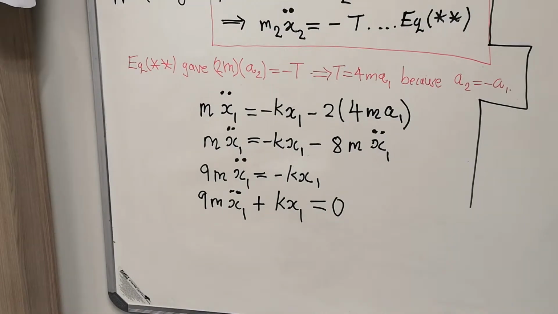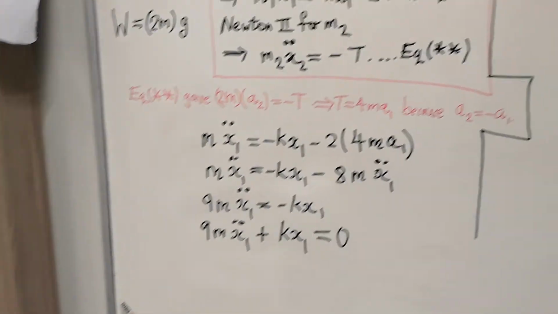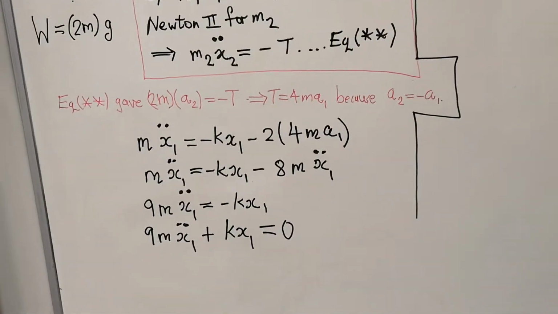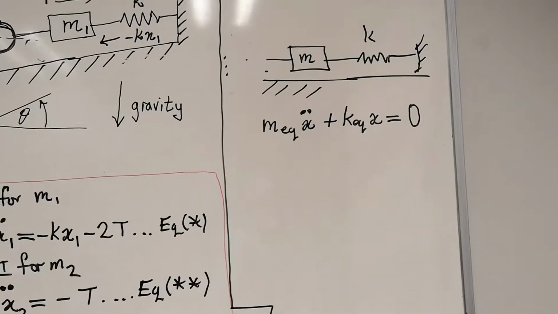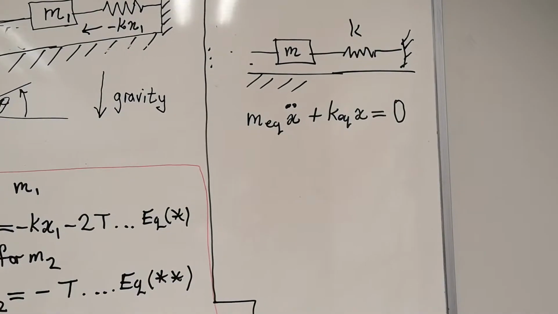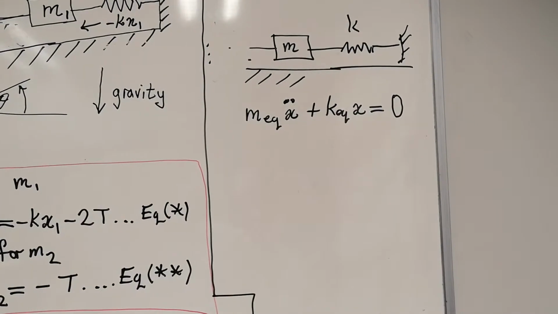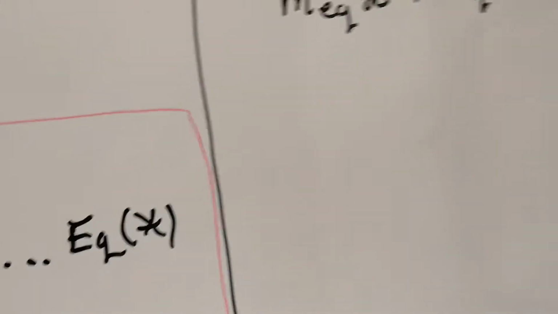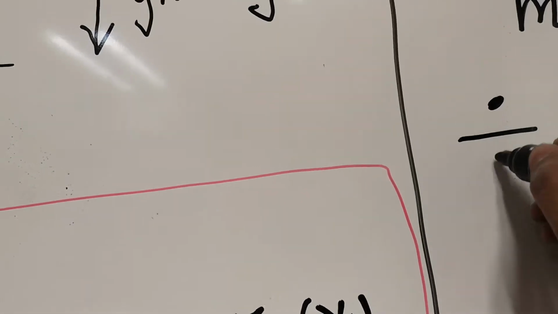Compare the equations. We have mass times a double derivative plus something else times just a deflection. So this is basically putting it into the standard form, dividing by the mass on both sides.